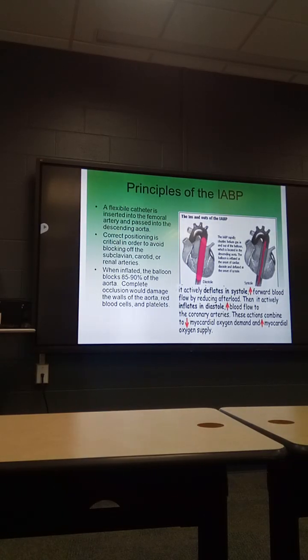But this means that if a pump ever occurs, there are multiple vessels that are blocked. They're not going to do any stents because that's just too much of an issue. They've got to do multiple vessels, for a CABG.